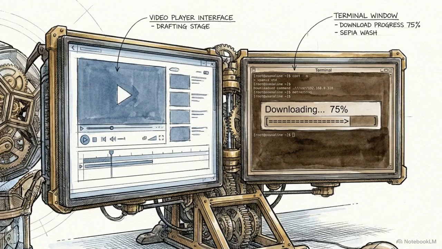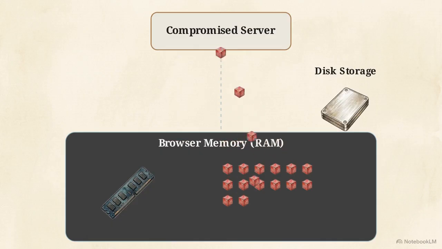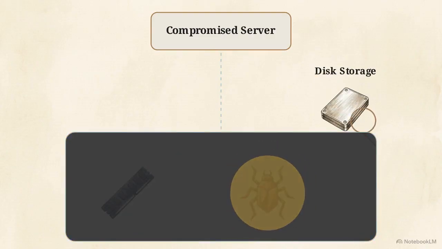Once a vulnerability is confirmed, the attack mirrors the streaming video process. Just as an M3U8 playlist feeds video data, the compromised server dynamically delivers the exploit shellcode in obfuscated, encrypted chunks. These chunks are reassembled directly within the browser's RAM, bypassing the hard drive entirely.